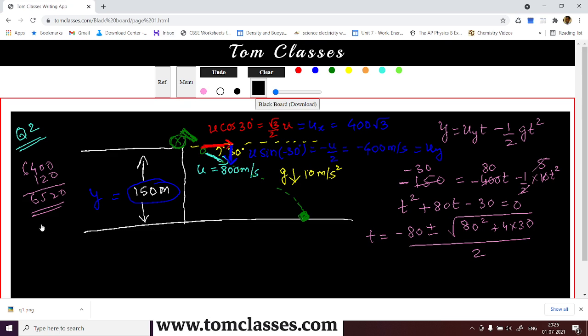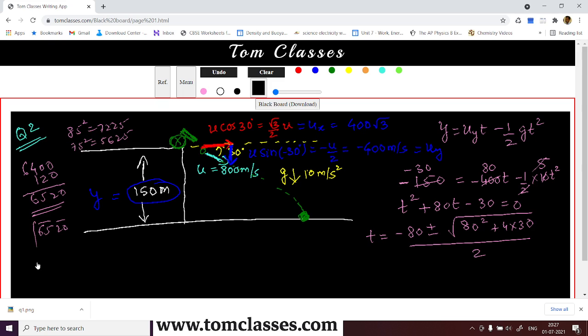To find the square root of 6520, 85 square is 7225, and 75 square is 5625, so this value is somewhere around 80 or 81.